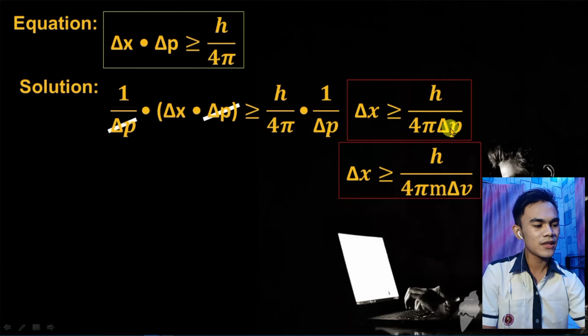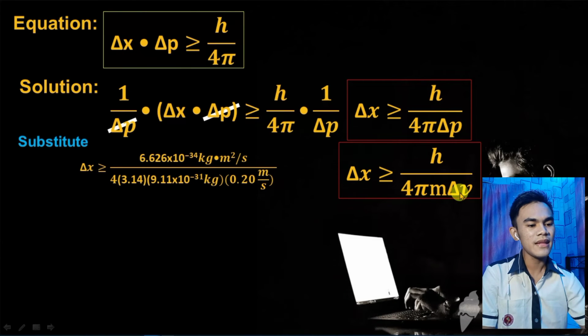Pi is 3.14, and then the change of momentum. As we all know, in the non-relativistic case momentum is equal to mass multiplied by velocity, and here we have mass multiplied by change of velocity. Now let's substitute all the given values.